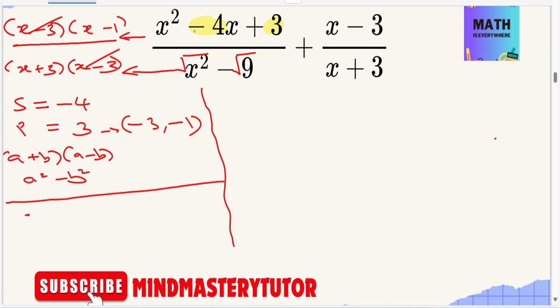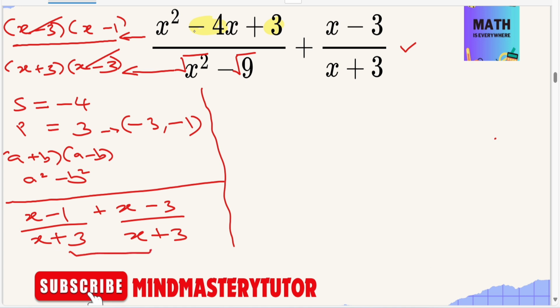So itakuwa na x minus 1 all over x plus 3, na hiyo pia tuta include hapo plus x minus 3 all over x plus 3. LCM yetu ni hiyo hiyo tu, x plus 3. Okay, so utaweka LCM yetu which is x plus 3.